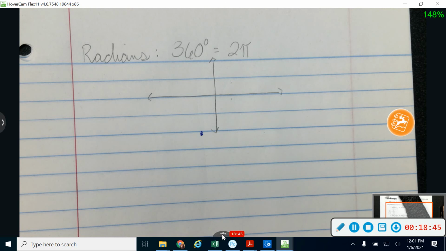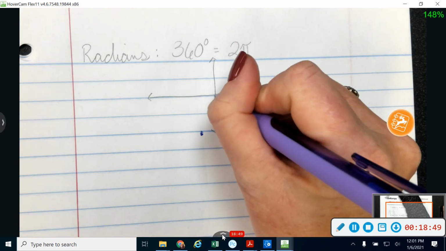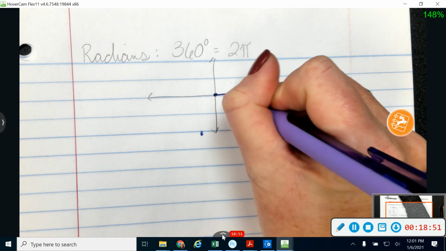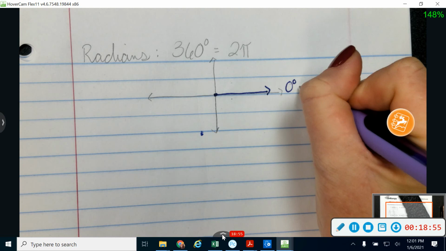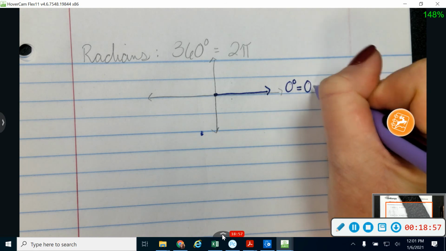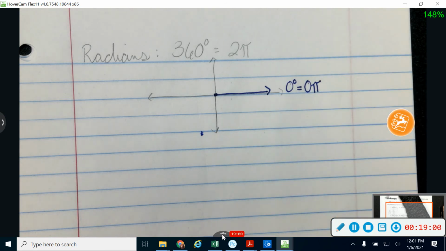So let me start again. I like to start at 0. 0 degrees is the same thing as 0 pi in radians, because 3.14 times 0 is still just 0. Sometimes in radians they will just call it 0 and leave the pi off, and that's okay too.